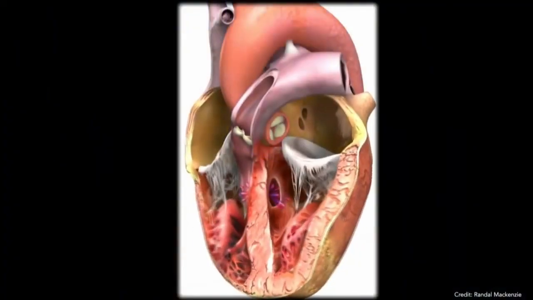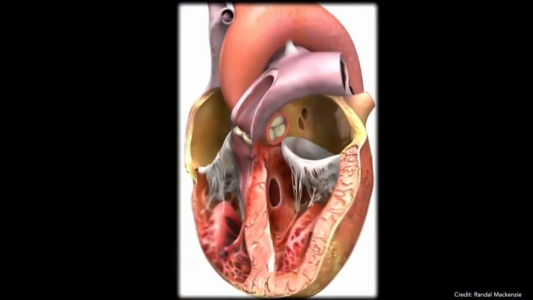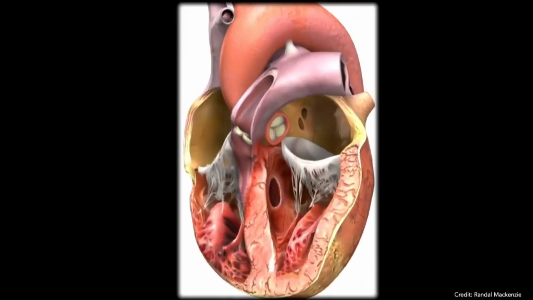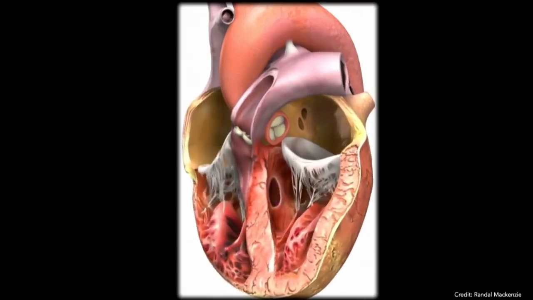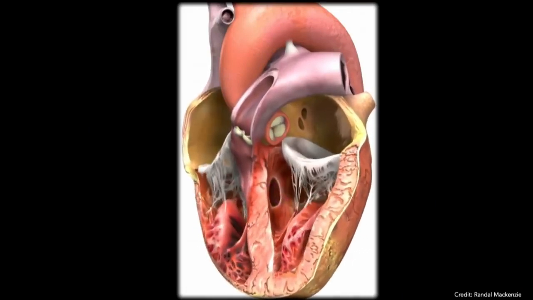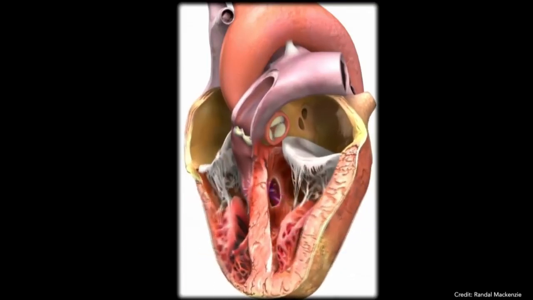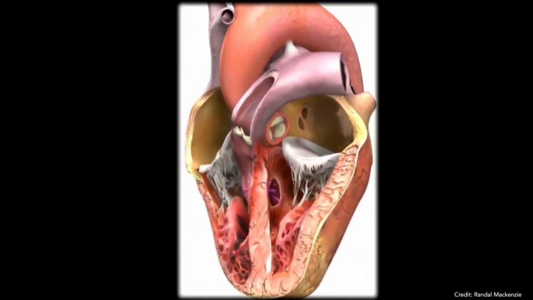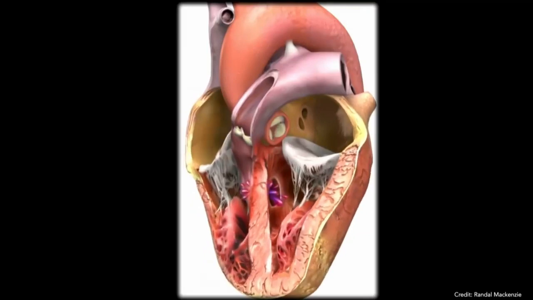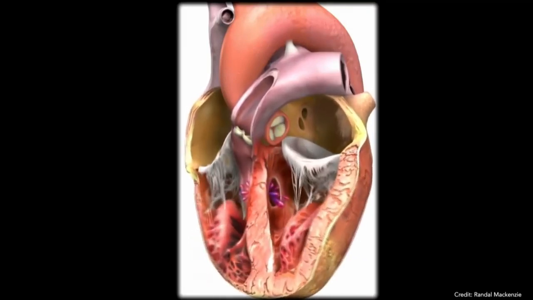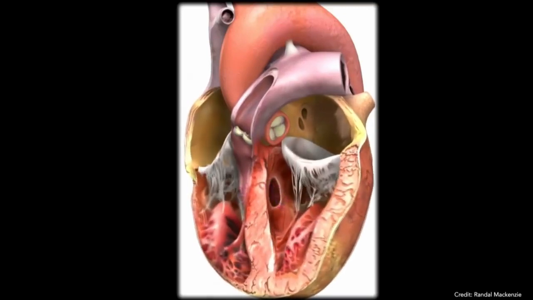This is the heart of a baby with a septal defect, a hole in between the chambers of the heart. Clinicians are desperate to identify new adhesives that can seal these holes, and they have to work in the harshest environment in the body, inside a beating heart. And they need to remain in place and not be fouled by the presence of blood.